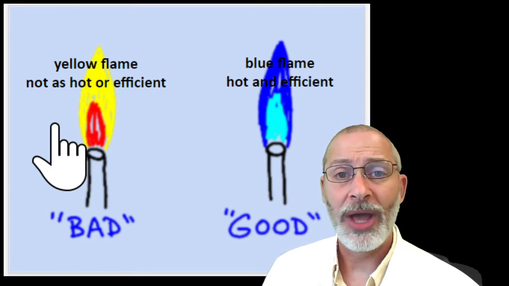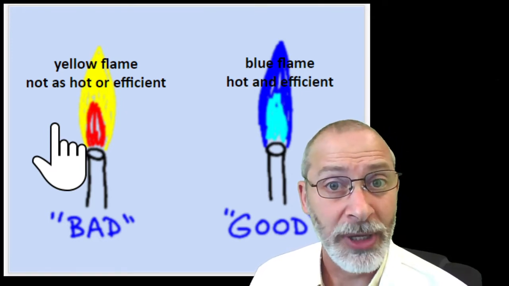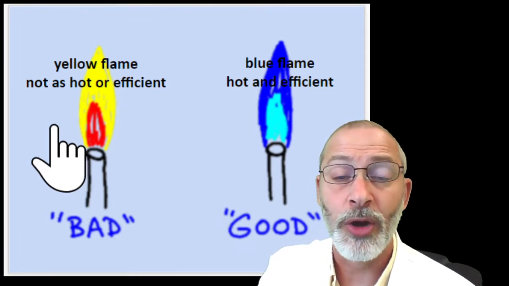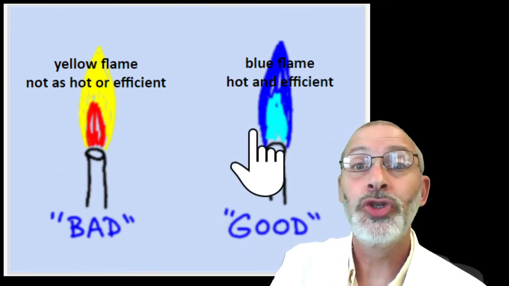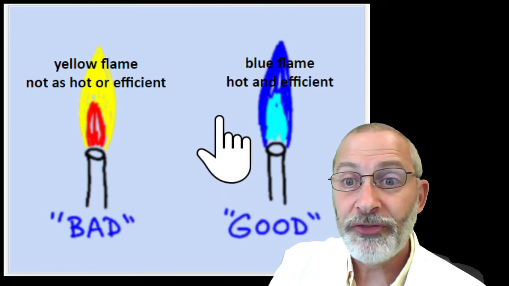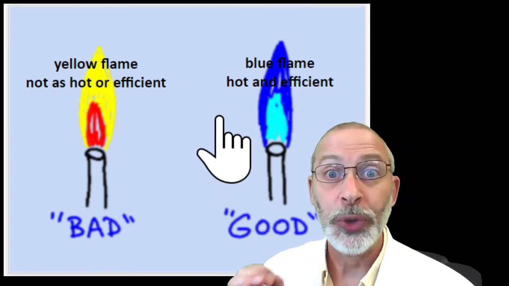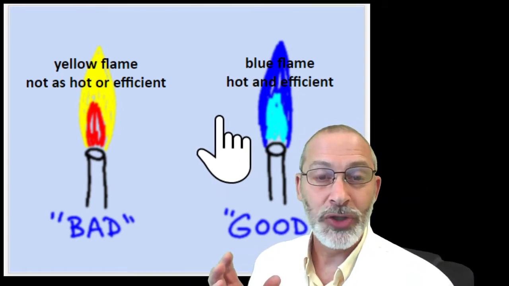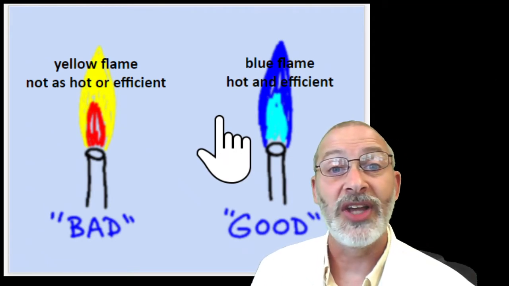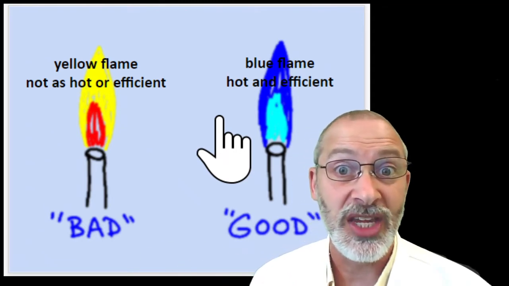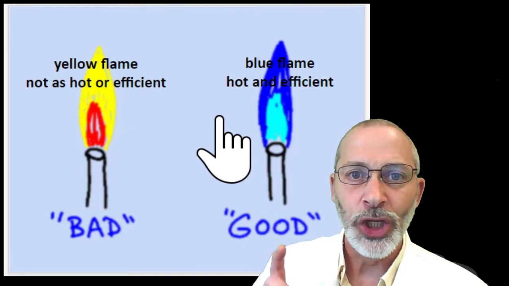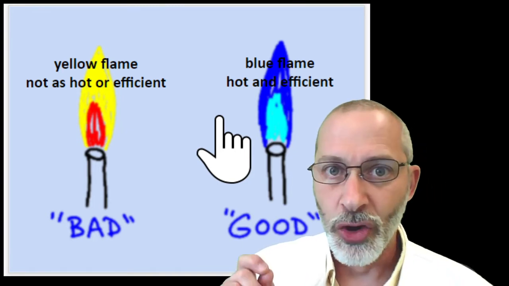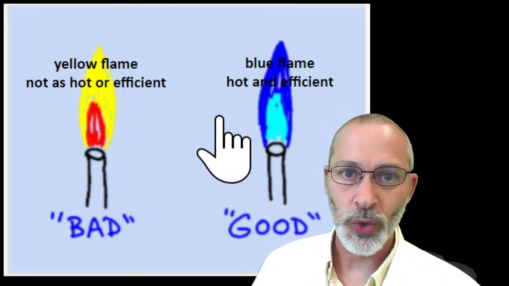And I'll teach you how to make the adjustment on your Bunsen burner so that we can go from a bad flame to a good flame. Good flame has a blue flame. And in the laboratory, when we're learning how to use these, I'll dim the lights so that we can actually see the flame even better. And you will hear the roar of the flame as well.